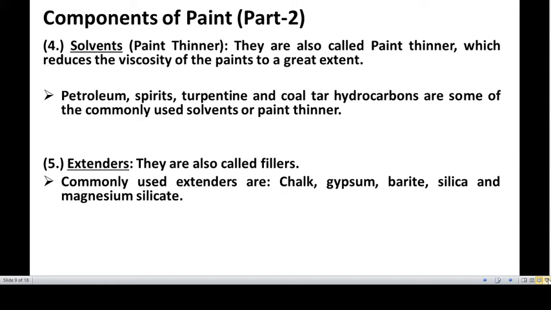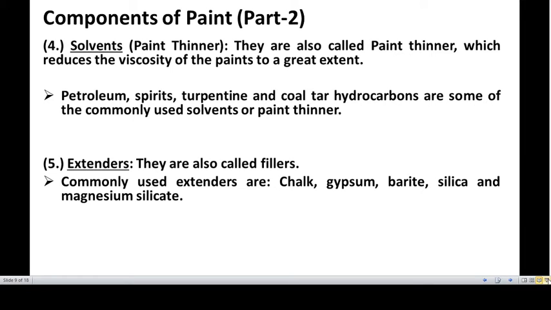And the fourth component is a thinner or a solvent. They are also called paint thinners, which reduce the viscosity of the paints to a great extent. For example, petroleum spirits, turpentine, and coal tar hydrocarbons are some of the commonly used solvents in paint thinners.